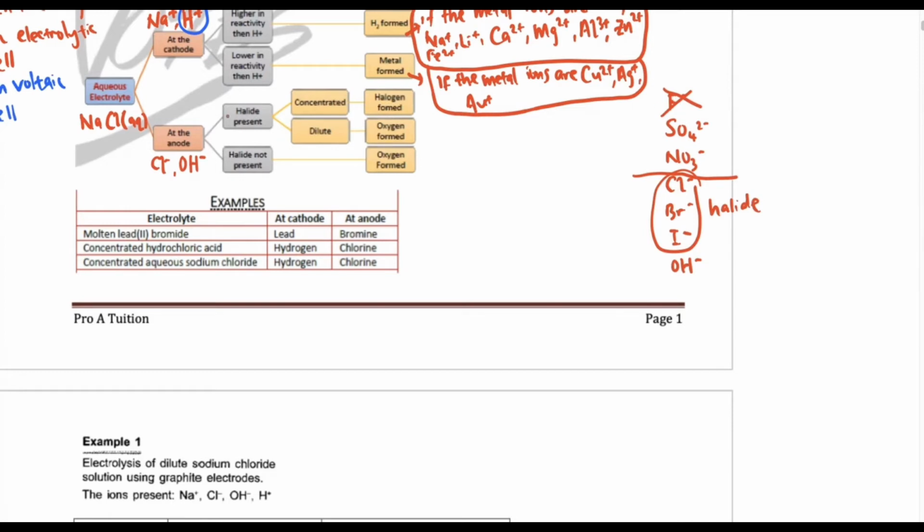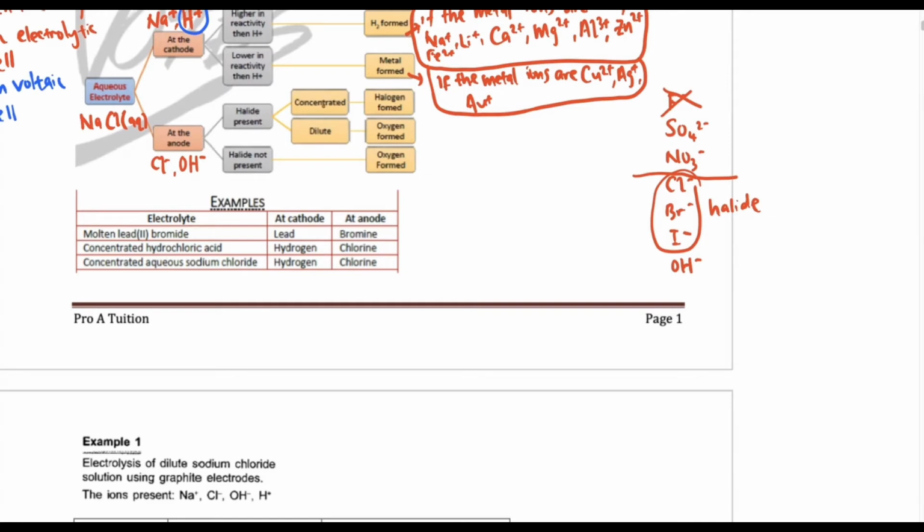So our discussion excludes fluoride. If chloride, bromide, and iodide are there and it is concentrated, then you choose the halide to form halogen. Halide to form halogen means chloride to form chlorine, bromide to form bromine, iodide to form iodine. So they will form products if it's concentrated.